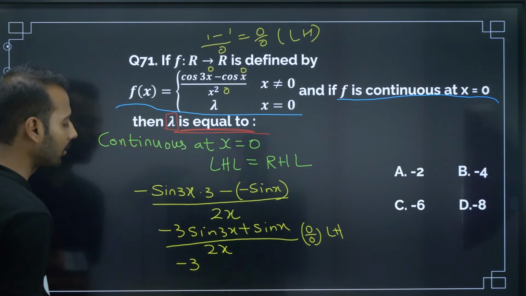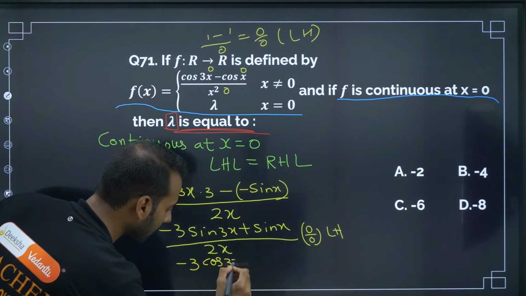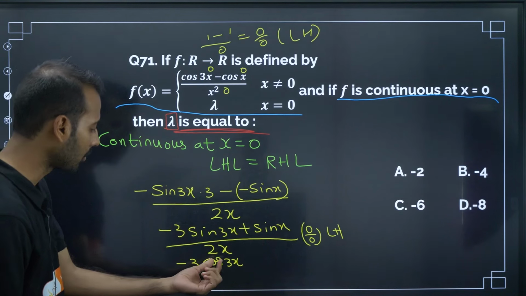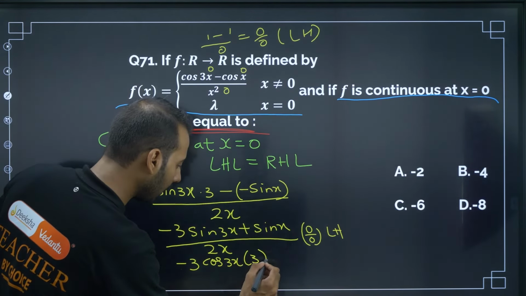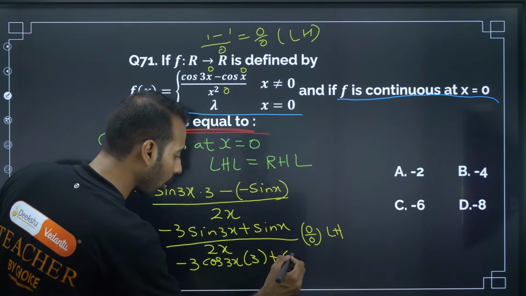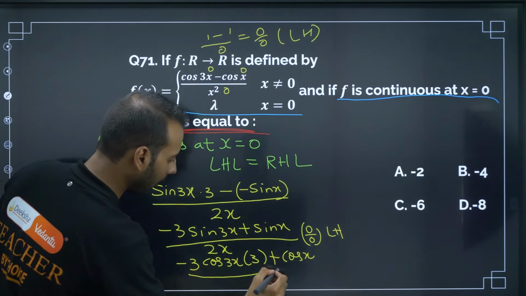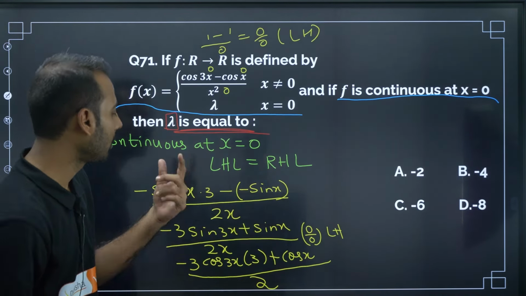Negative 3 sine 3x, differentiation of sine is cos 3x, and also one more 3 we have to place, plus differentiation of sine x is cos x, divided by 2, is equal to lambda.